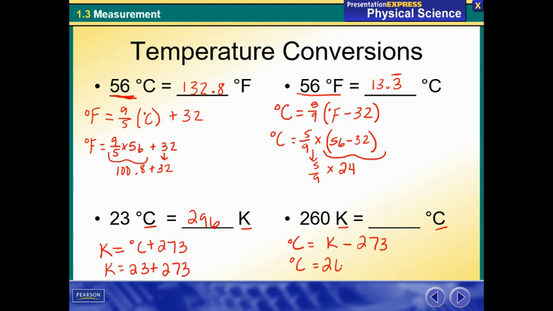My Kelvin is 260. Minus, and we're going to drop down my 273. Make sure you're plugging this in your calculator the way that it looks. So 260 minus 273. And you should get negative 13. Yes, you want to put that negative sign in order to make it correct.